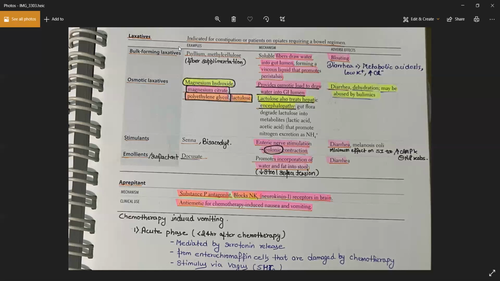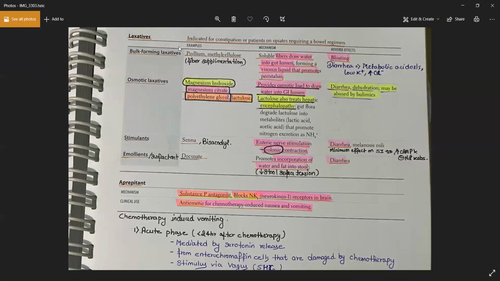Could you please repeat it once again? You can use bulk forming laxatives like psyllium in case of both diarrhea as well as constipation. In case of constipation, they will draw water, and they will cause peristalsis.